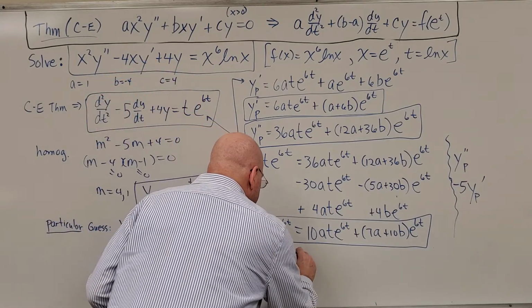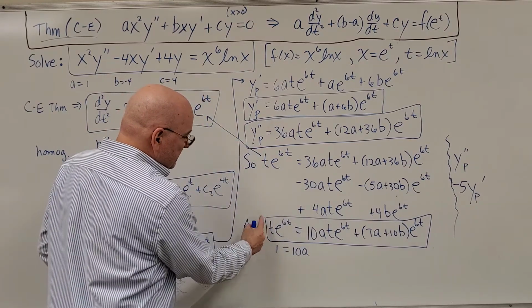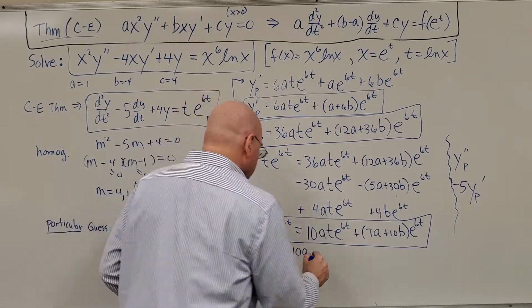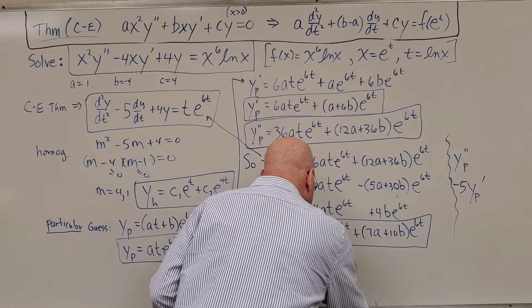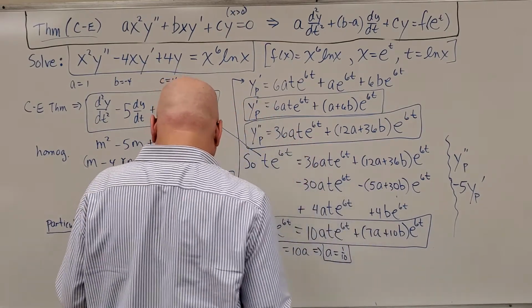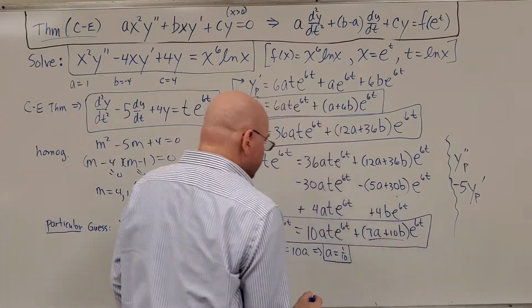1 equals 10a. The coefficient in front of this is a 1. The coefficient in front of this is 10a. So that gives us a equals 1 over 10. And this has to be equal to 0.